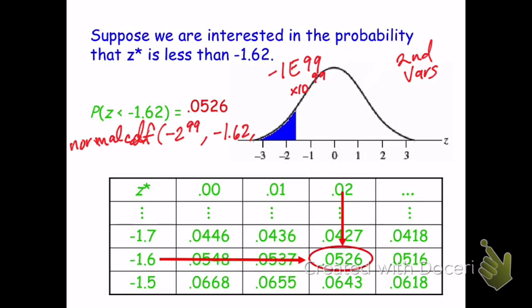Then I'm going to put in my mean and my standard deviation. My mean is 0, my standard deviation is 1, because anytime I'm talking about a standard normal, or they give me a z-score, it's represented by 0 and 1. Then I hit paste, and you should get 0.0526.